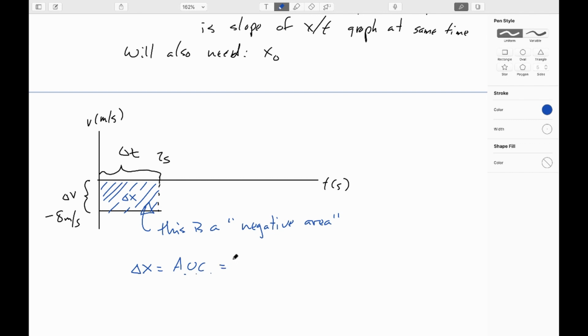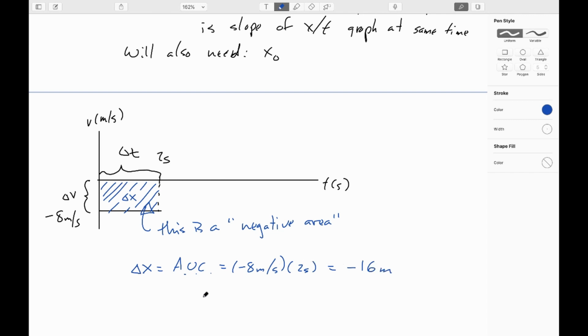It's got a height of -8 meters per second, and the length is 2 seconds for our rectangle, and so -8 meters per second times 2 seconds is -16 meters.